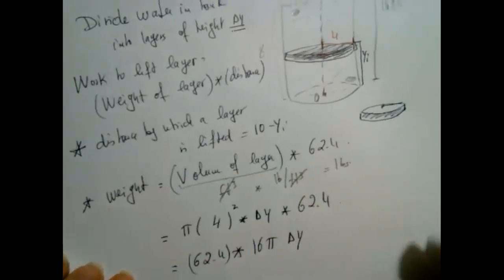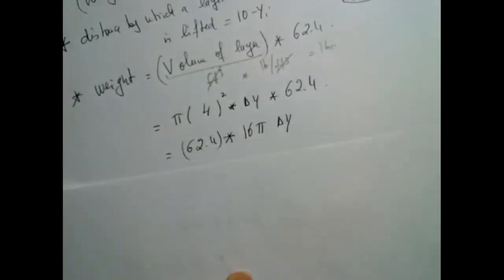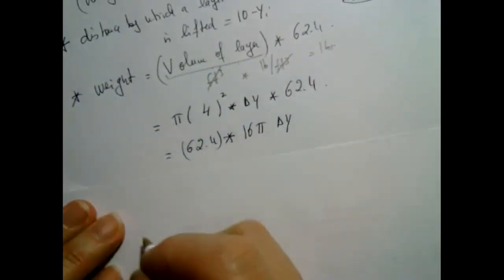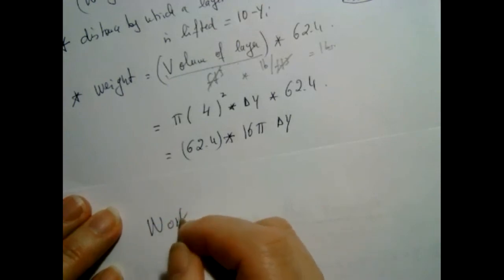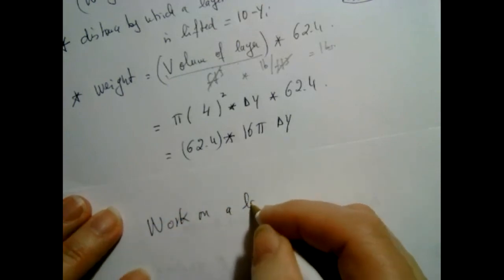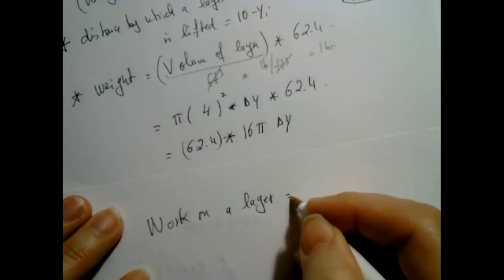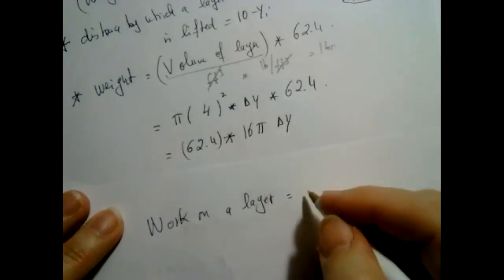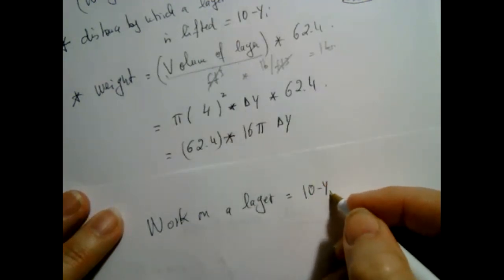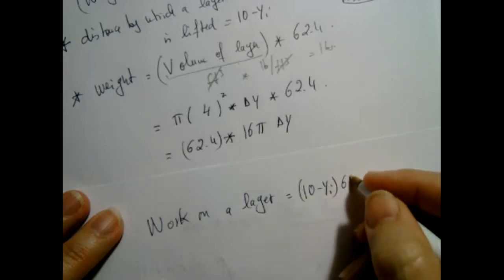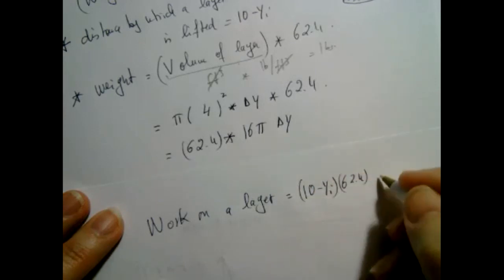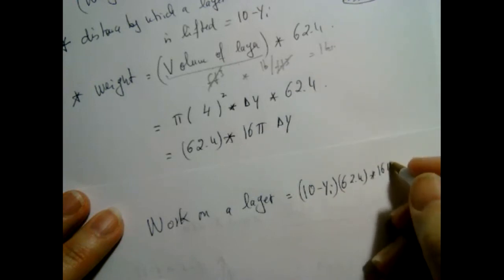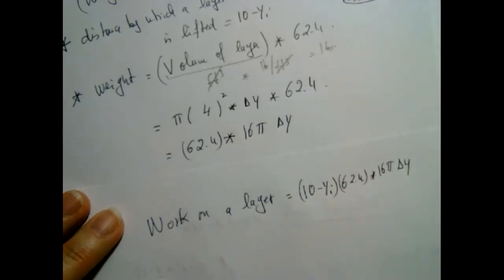So the work done on one layer is going to be the distance, which is 10 minus yi, times that, times delta y.